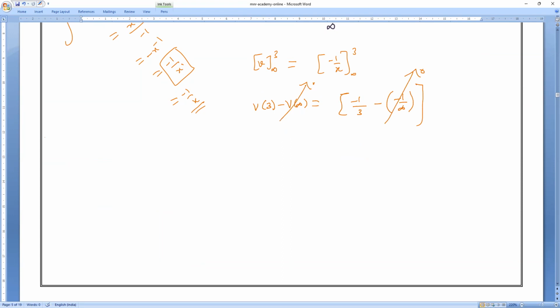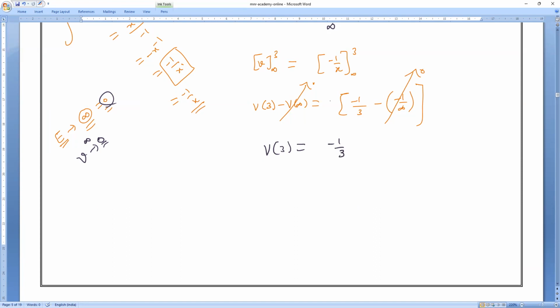And I already told you, what is the field or potential at infinity distance? It is 0. Understand? So V of 3 is equal to minus 1 by 3.